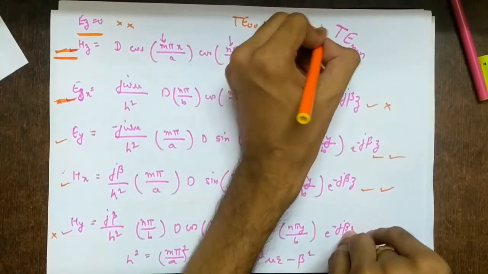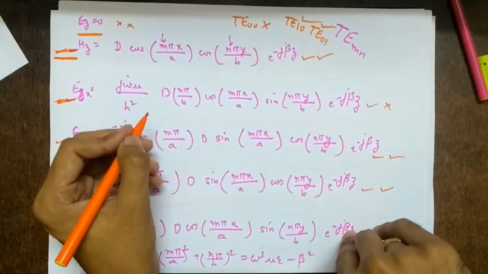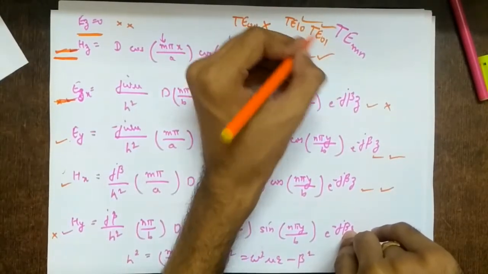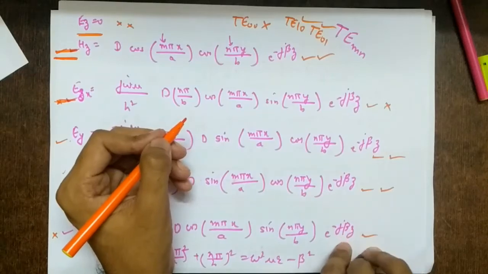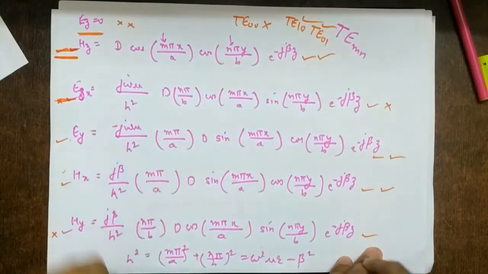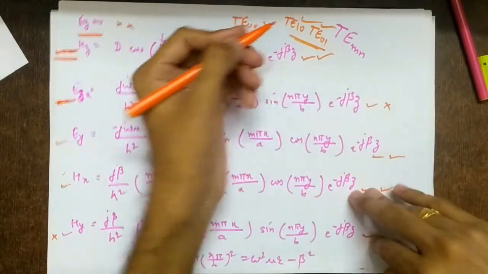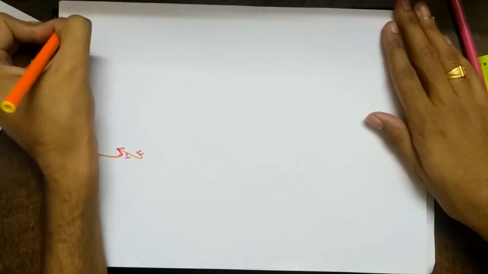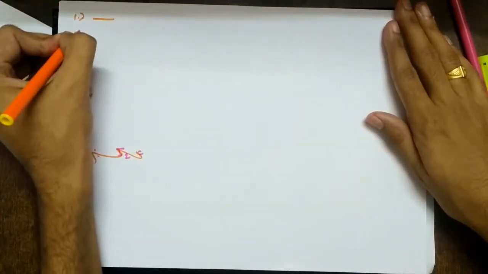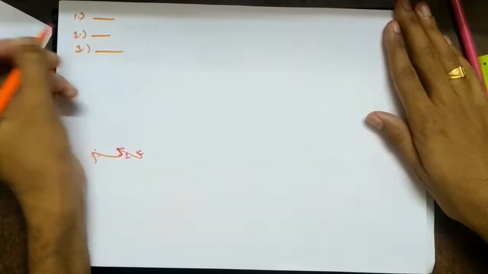If you observe, this will also exist. Means what does it indicate? Either m or n has to be non-zero. Okay, so this indicates that m or n has to be non-zero. That is our conclusion, right? So let me write that here. 1 is same, 2 is same, 3 is same.